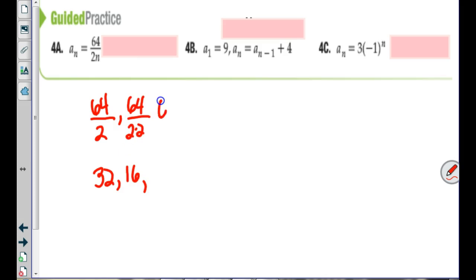The next term would be 64 divided by 2 times 3, which would be 64 over 6, or 32/3. Then 64 over 8. I did that right, didn't I?